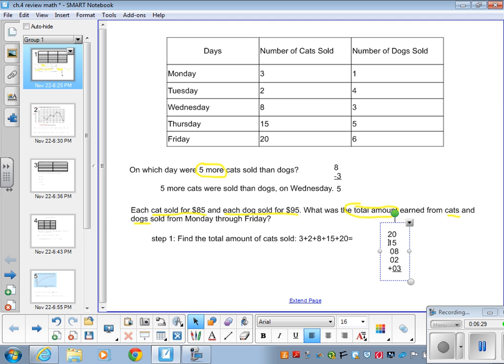At this time, please pause. Please pause the slideshow and solve. What's 20 plus 15 plus 8 plus 2 plus 3? Once you have your answer, click on the pause button, click on the play button to resume.